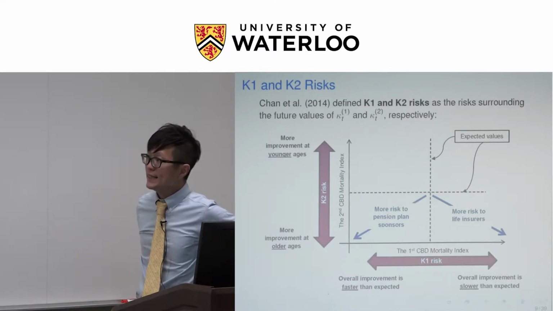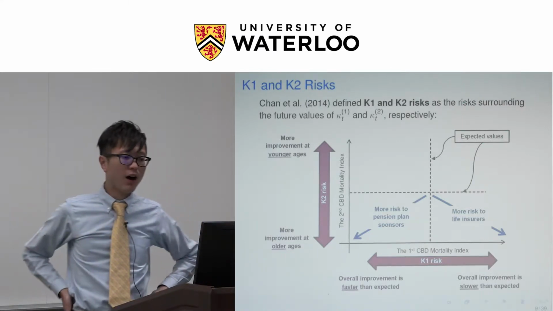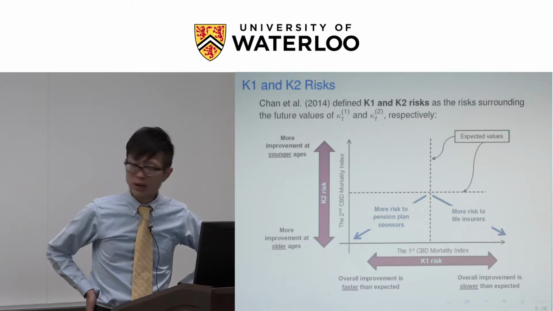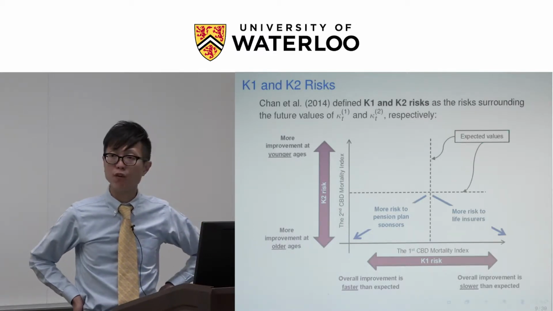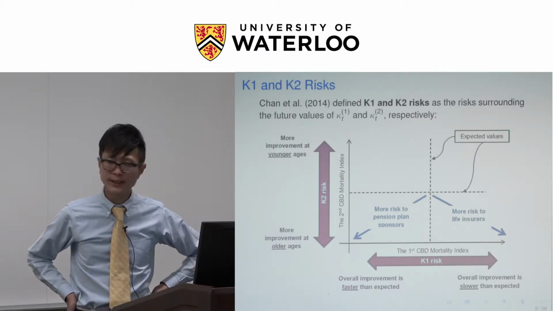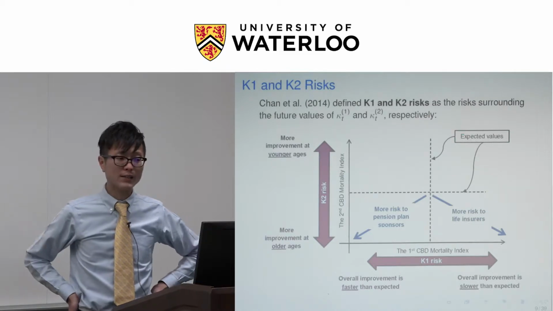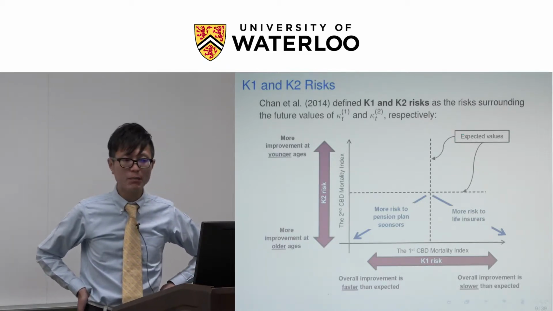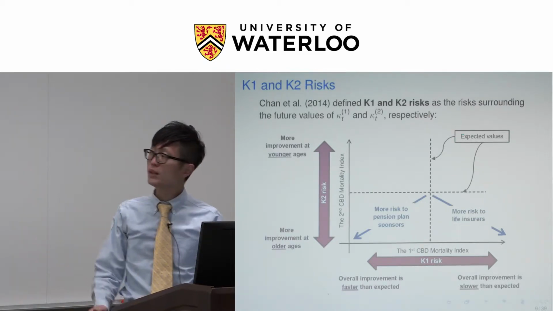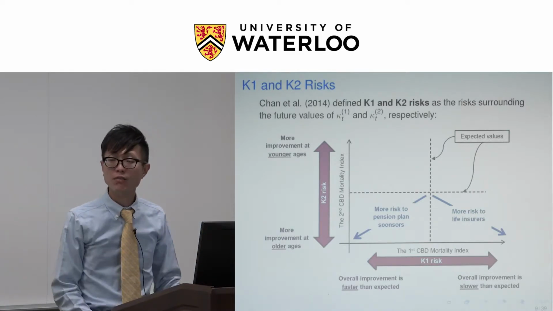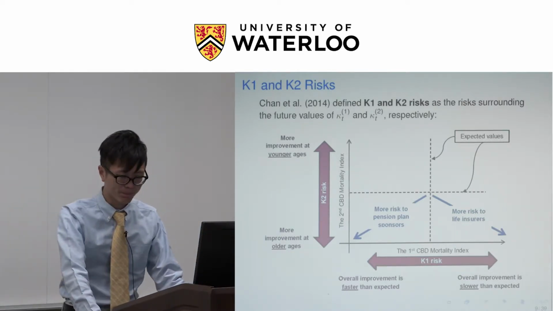Now, on this Cartesian coordinate plane, the horizontal axis represents the first CBD mortality index, and the vertical axis represents the second CBD mortality index. The dotted lines represent their respective expected values.